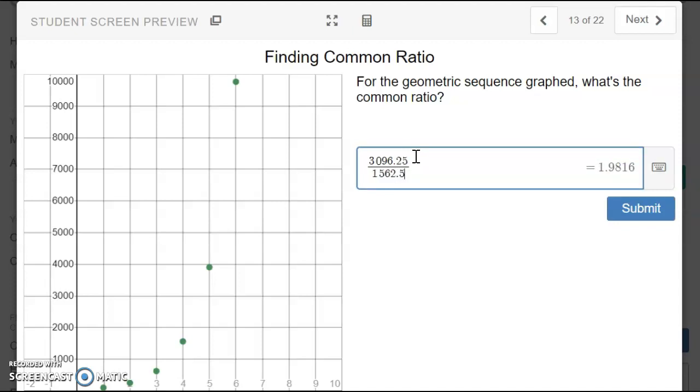I just need to pick two points, and they have to be consecutive. That means one after another.